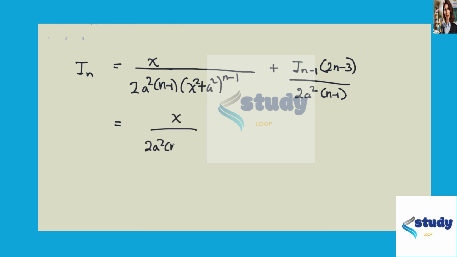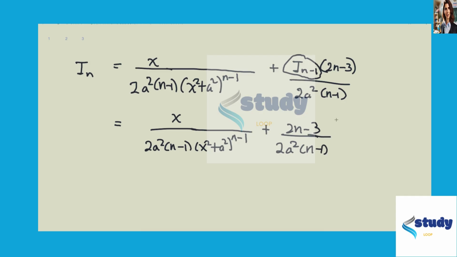That's the term that we wanted from the formula. We're basically done here. The last step is to just pull out this constant here, and then replace I_n minus 1 with the definition as the integral. So that's dx over x squared plus a squared, all to the n minus 1 power. And that's the formula that we intended on proving.